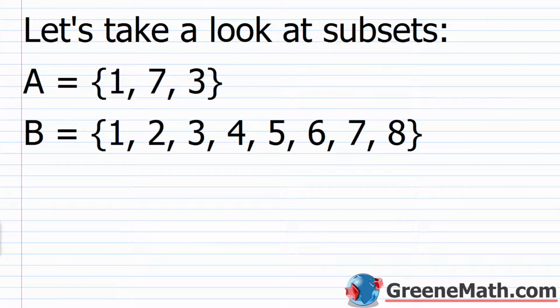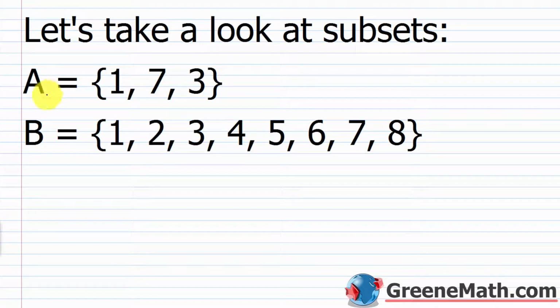All right, so let's wrap up the lesson by talking about subsets. So this is something that you might get tested on. The other stuff we looked at was just basic definitions, but these are things that you might have to think about a little bit. So let's take a look at subsets.